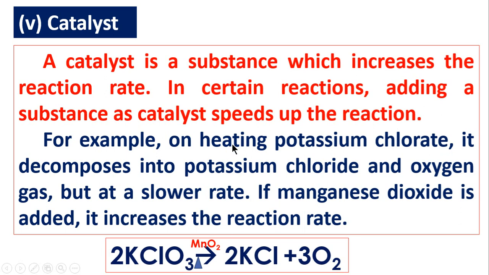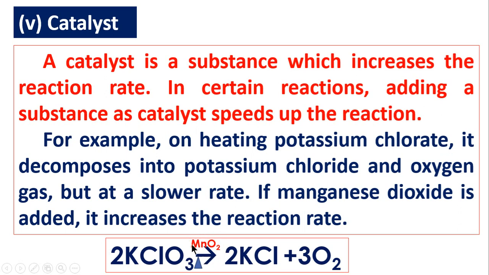For example, potassium chlorate on heating, KClO3, decomposes into potassium chloride and oxygen gas, but at a slower rate. The reaction is very slow. Now, if you add a catalyst, here MnO2 acts as a catalyst.